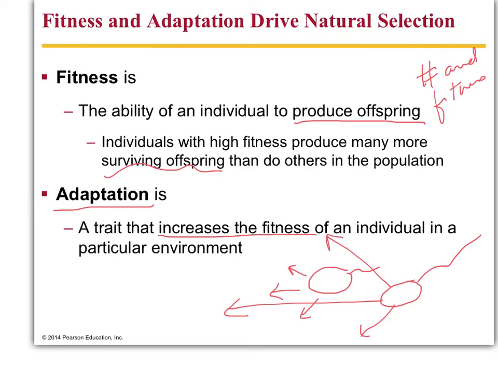And if that particular person was able to pass down that adaptation in that gene, that is going to drive natural selection. Natural selection favors the organism that had more fitness, the longer flagella on the sperm. So both fitness and adaptation drive natural selection.